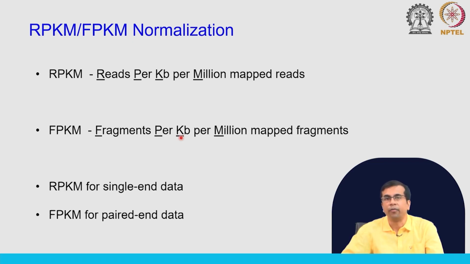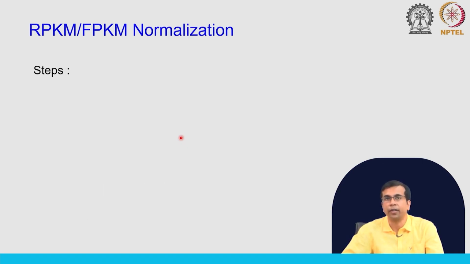If you are dealing with single end data, you can use RPKM, but if you are using paired end data, you would have to use the FPKM measure. The terminologies are different, but the normalization procedure is exactly the same for both of them. So, let us now look into the normalizations. Here are the steps of this method.